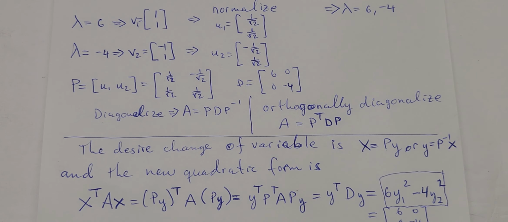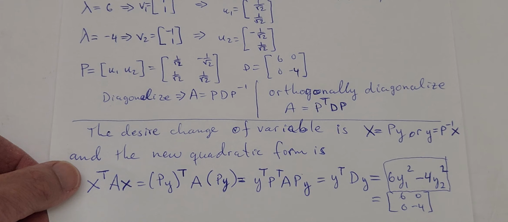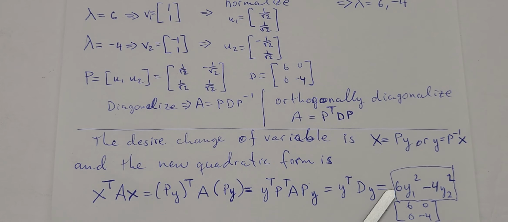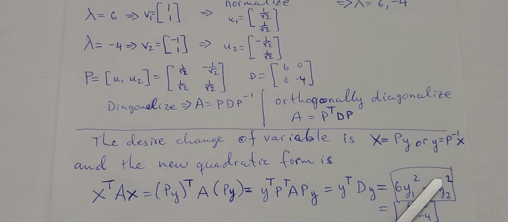Now the last step is very easy, even though it looks complicated. All they want us to do is this. Even though what I wrote here is very confusing, in the simplest explanation, you're going to take the diagonalized matrix and rewrite it as 6y1 squared minus 4y2 squared.